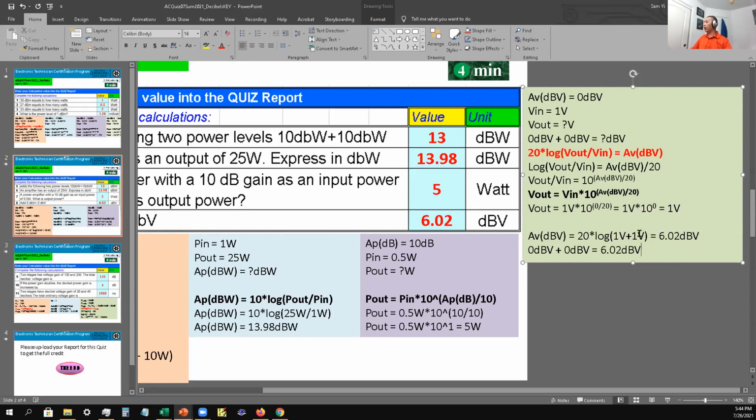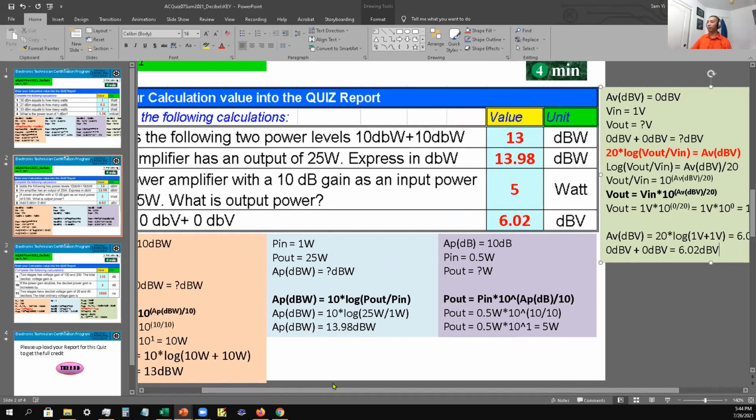So I combine these together, it will be 2, and the log of 2 times 20 gives you 6.02 dBV. So 0 dBV plus 0 dBV will be 6.02 dBV. That's how I got 6.02 dBV for number 8.